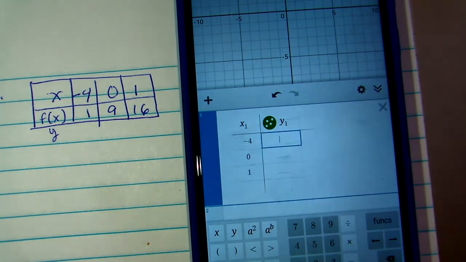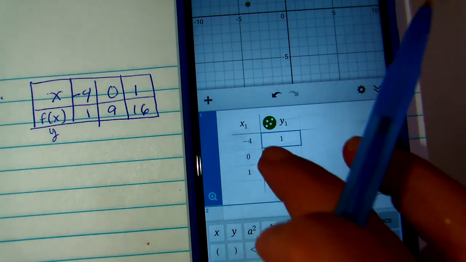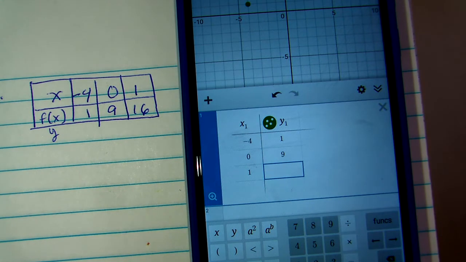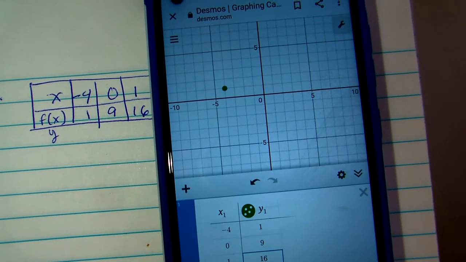Then for the y's, we're going to put the 1, the 9, and the 16. Right now don't worry about the graph. Don't worry if you don't see the graph. What we want to find out is the values of A, B, and C.